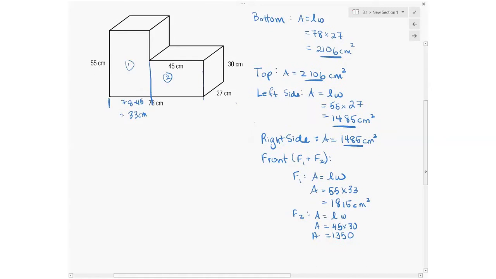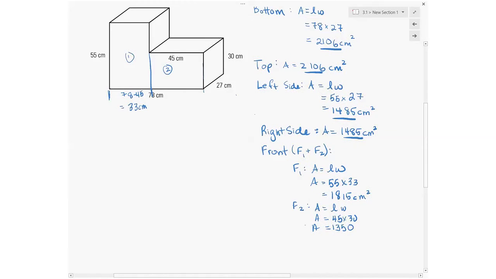So now my whole front is F1, 1,815, plus F2, 1,350. 1,815 plus 1,350 gives me 3,165 square centimeters. That one I want to add on.